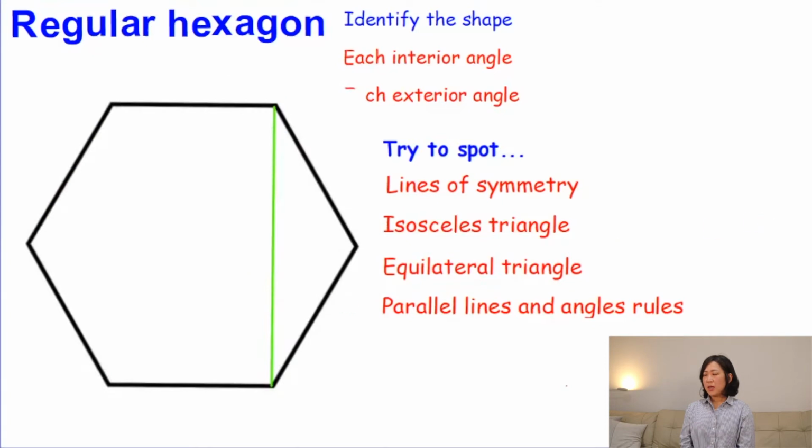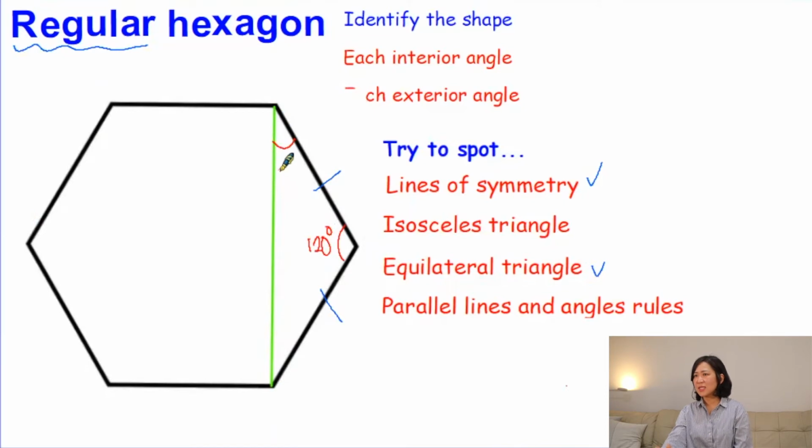Here I've got diagonals, then the vertical line. Now what can you spot? What shape can you spot? Let's write down that this is a regular hexagon, that's why it has equal sides, right? Then can you see the triangle there? We know that it's 120 as an interior angle.